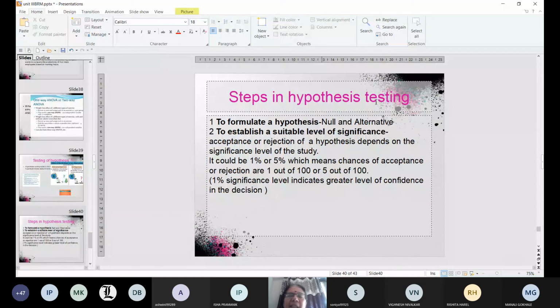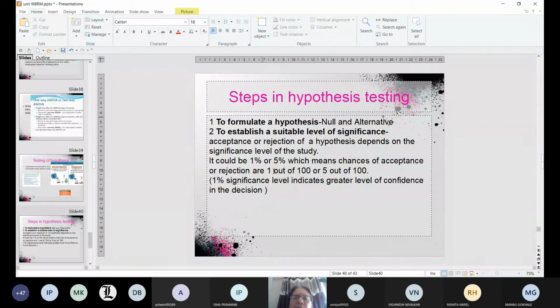Now, what are the steps in hypothesis testing? Hypothesis testing is the 11th step, the second last step. You are coming to the end of your research process. First you will have to formulate a hypothesis, like the examples about null and alternative hypothesis I just gave. Then you will have to develop a suitable level of significance. This depends on the researcher, who has to decide whether it is 1% or 5%.